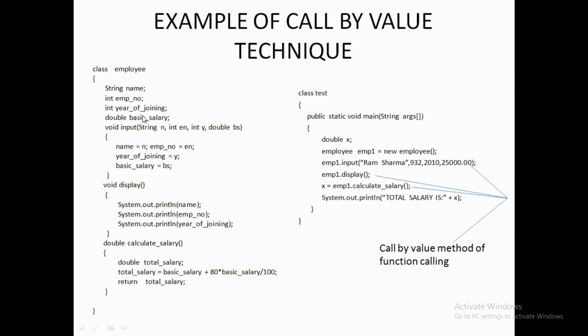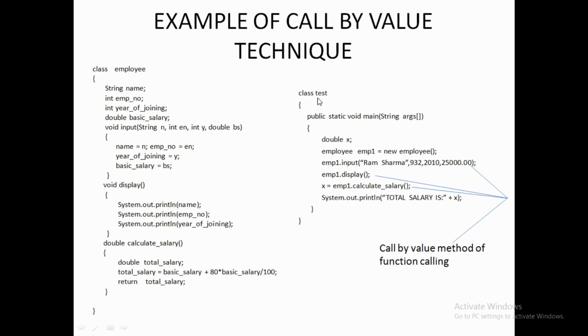It has 4 member variables or instance variables, a method named input which accepts 4 values and stores these values into the respective fields, the display method which displays the stored values, and the calculate salary method which calculates the total salary and returns that value.